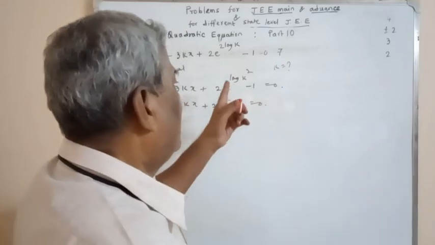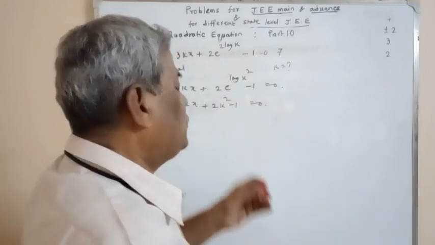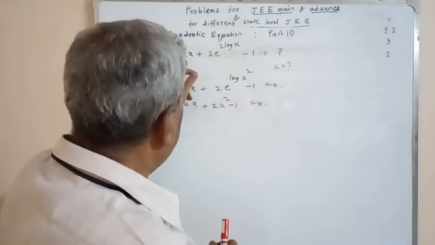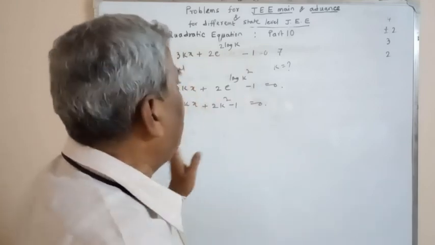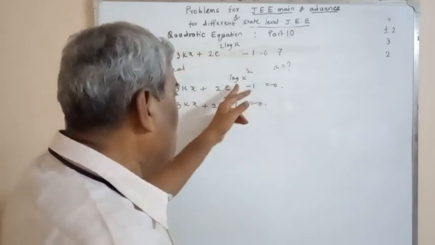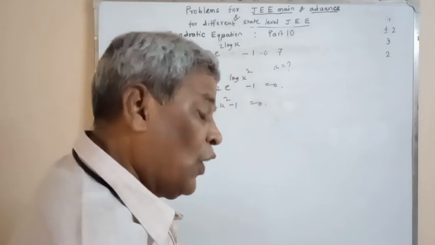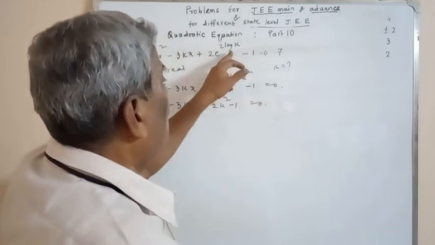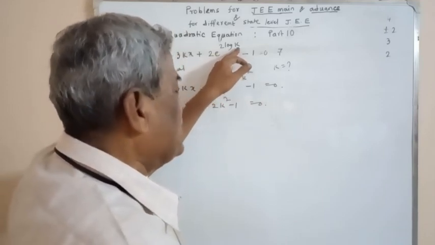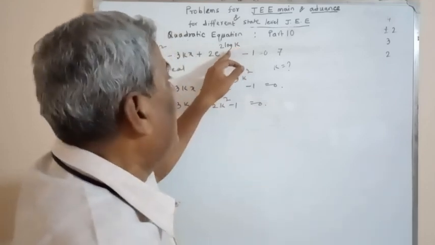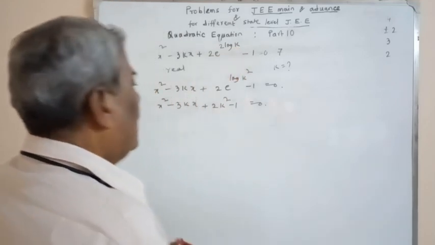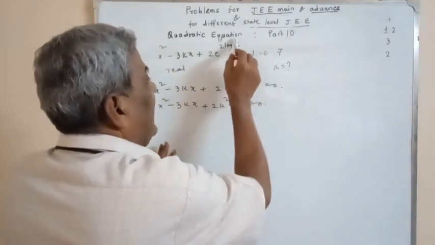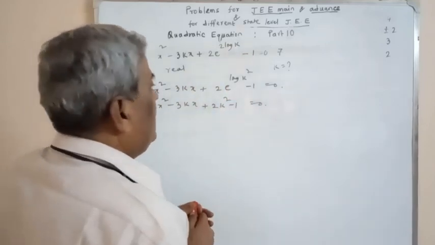One thing: roots are real, so log k must be real. All others are real, so log k must be real, and for that k must be positive. Mind that, this is a trick; this thing is to be kept in mind.